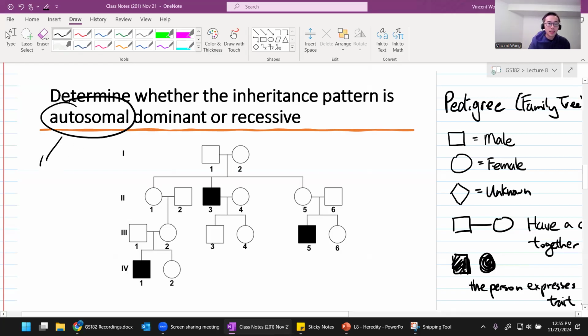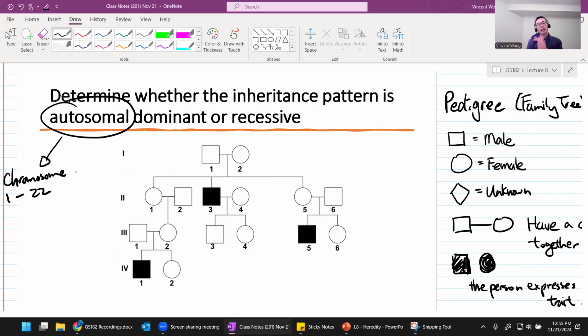Autosomal means chromosome 1 to 22. So these traits that we are looking at are transmitted on chromosome 1 to 22, one of them. It could be on chromosome 5, could be on chromosome 7. It doesn't matter.